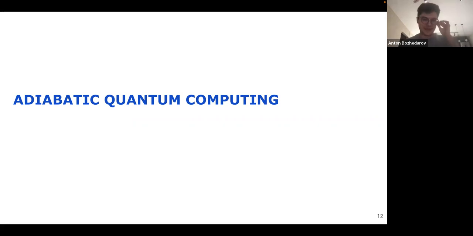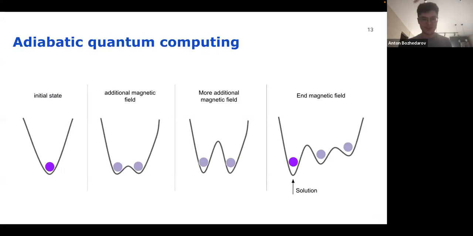So let's talk about something more interesting in terms of optimization. The basic idea behind adiabatic quantum computing is that we have some very trivial magnetic field, or in quantum computing and physics we call this a Hamiltonian, operators that correspond to the energy of the system. When we have a very trivial Hamiltonian, we know precisely what the optimal state is.